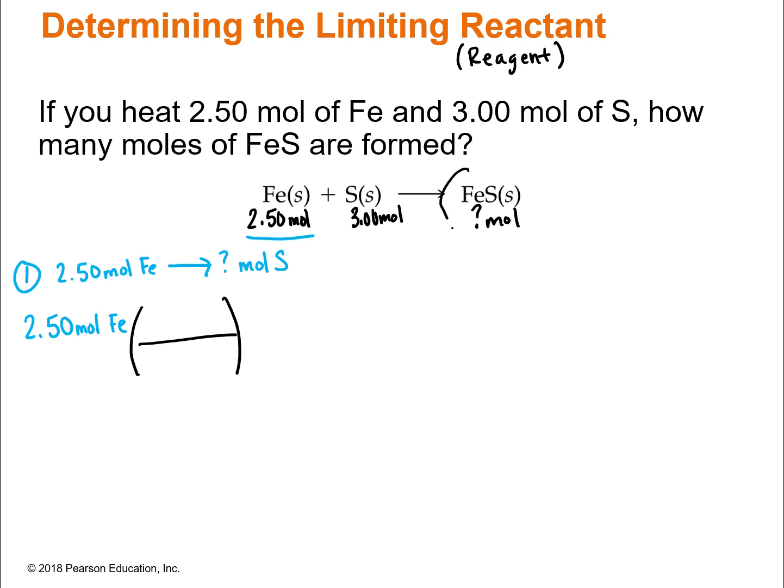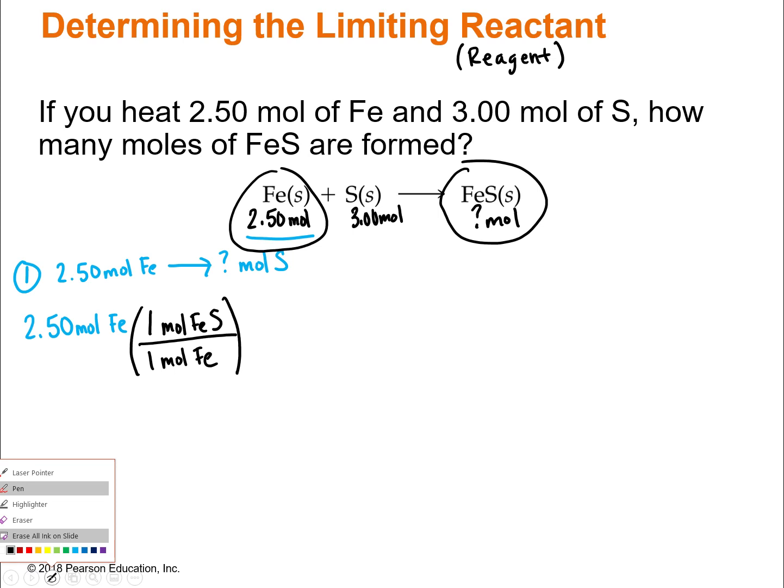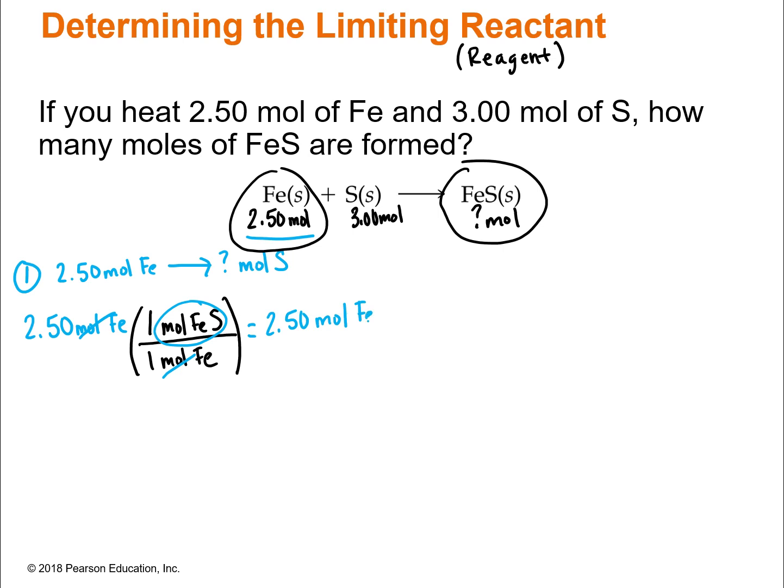I look at that in my chemical equation. Then I look at the number of moles of iron, put that in the bottom. If I had 2.5 moles of iron and unlimited sulfur, I could make 2.5 moles of iron 2 sulfide.